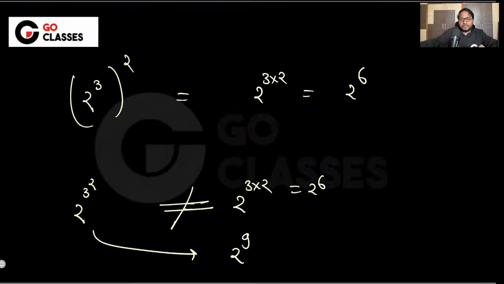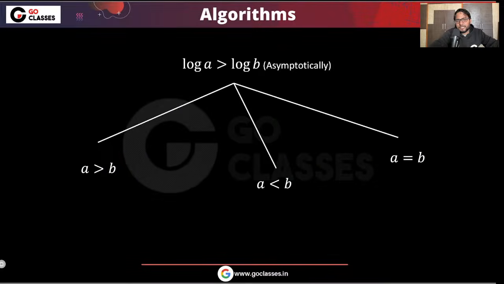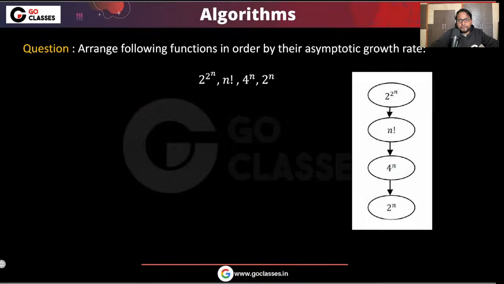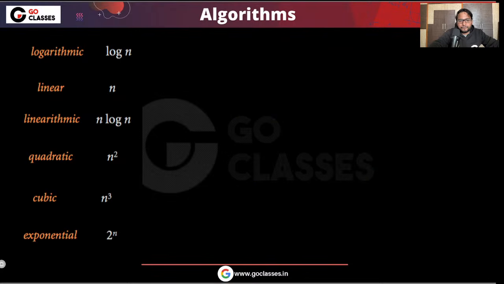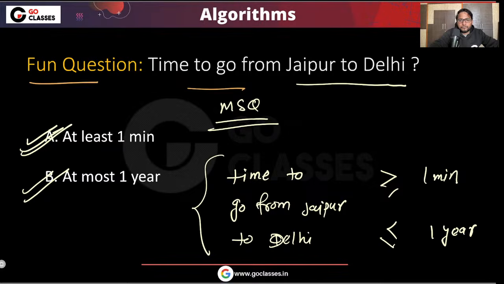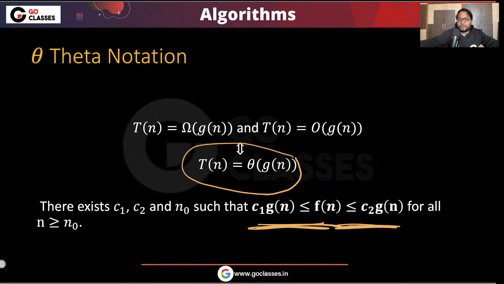Here you will notice one thing. Let me just remind you the definition of theta. They are saying there exist C1, C2 and N naught such that this holds, right?